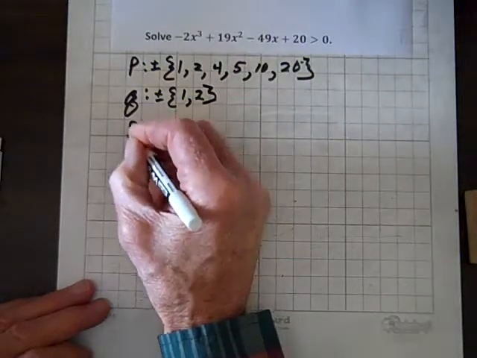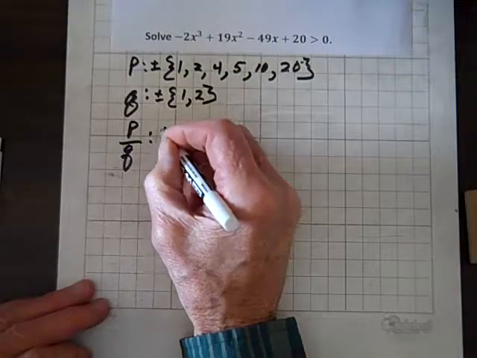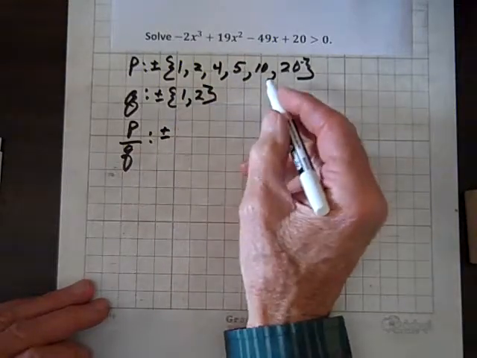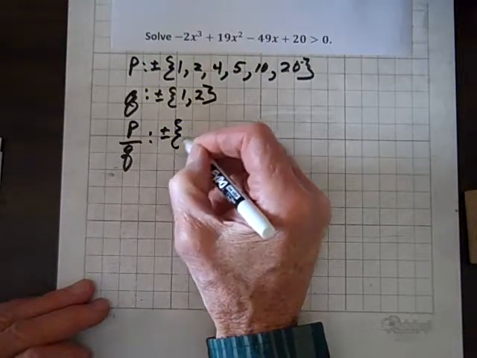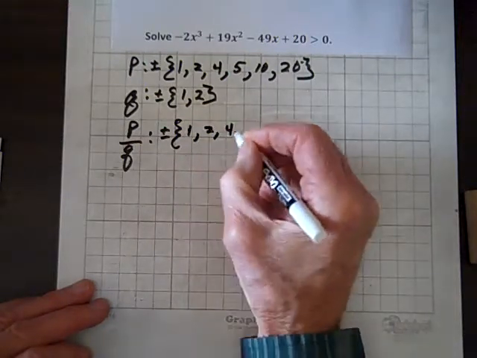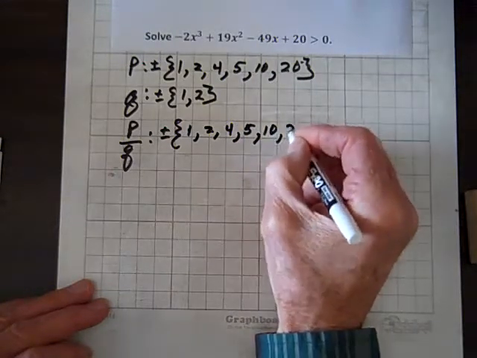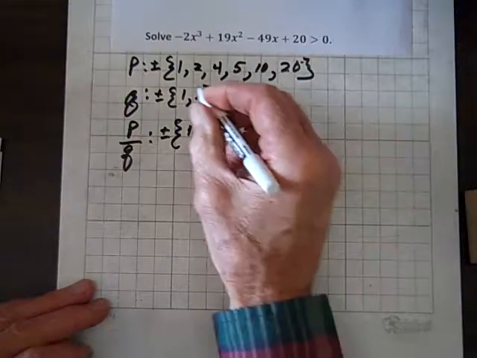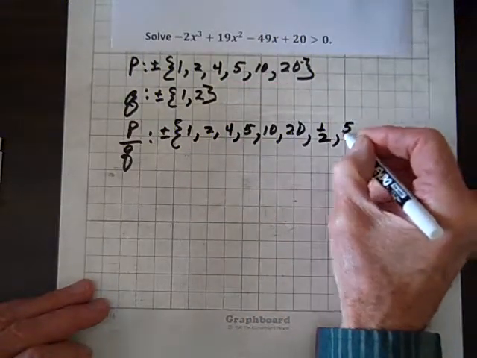And so for P over Q, we've got plus or minus, and let's see, when Q is 1, we'll have 1, 2, 4, 5, 10, 20. And when Q is 2, we'll have 1/2 and 5/2.